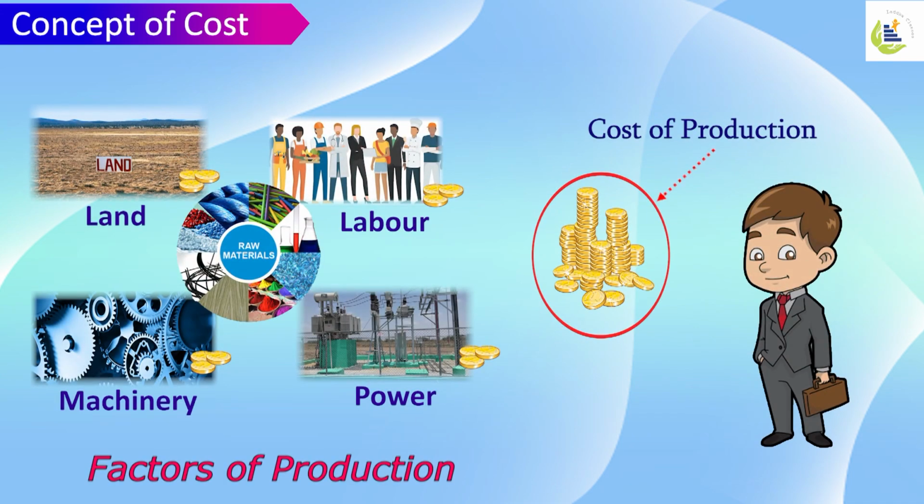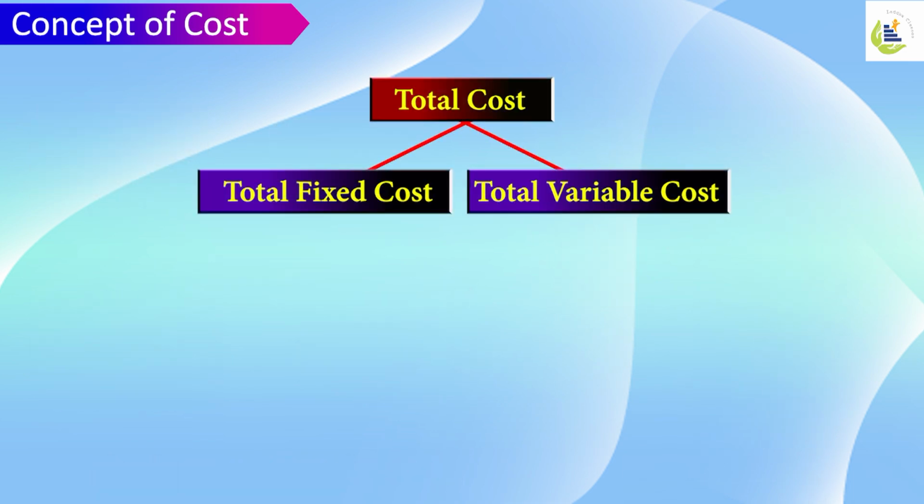So in a nutshell, let us understand this concept of cost one more time at a faster speed. The total amount incurred by a producer in the payments of factors of production is called cost of production. Cost of production is also known as total cost of production. It has 2 components: total fixed cost and total variable cost.